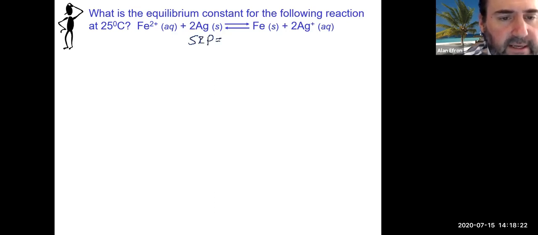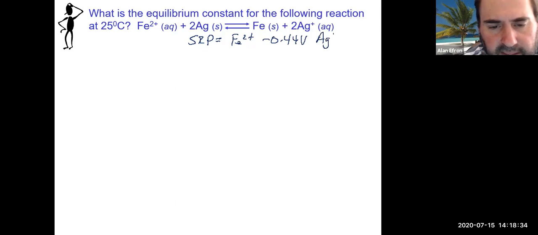So let me find it here. The iron 2 is minus 0.44 volts. And the silver is what we just saw in the last one there, 0.8 volts. So that should be what you need there. All right, see what you come up with here. We're actually looking for the equilibrium constant in this one.